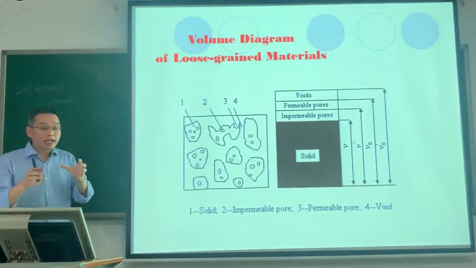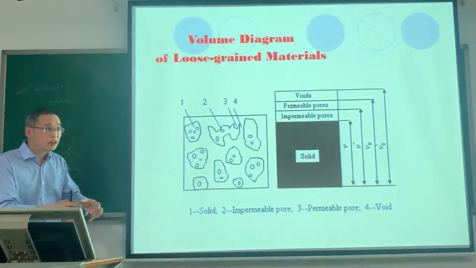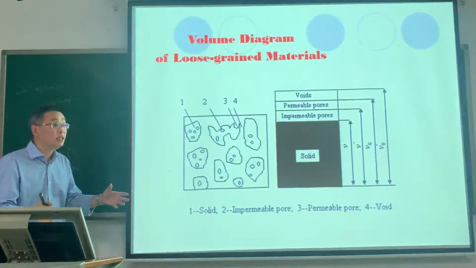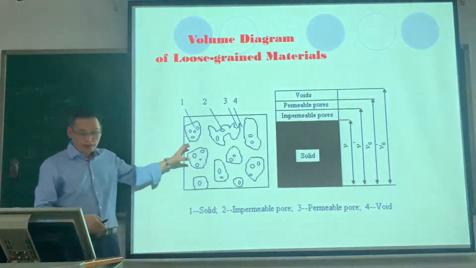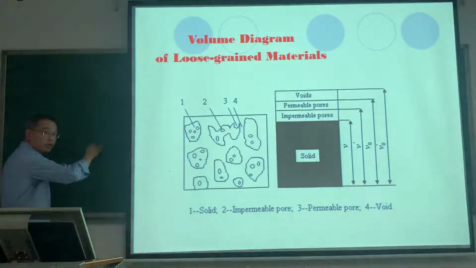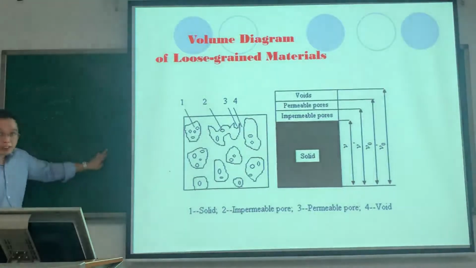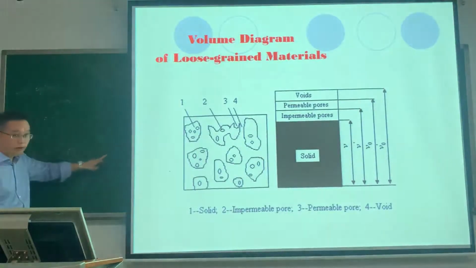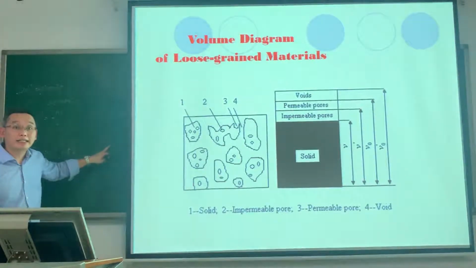But if I give you a pack of rocks, there are many rocks, yeah? And then we can get the matrix. If this is a rock, the volume of this rock has three parts, yes?